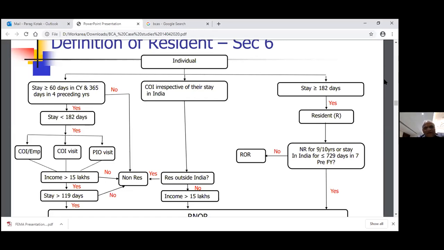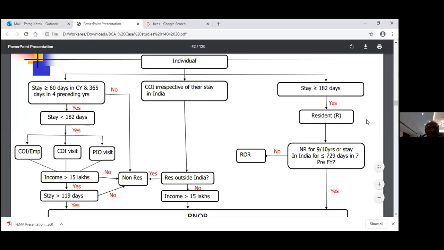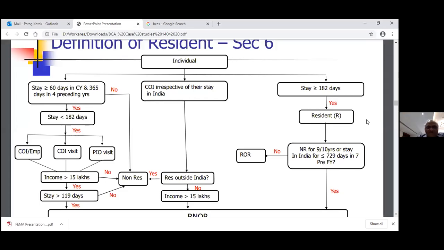Can we then argue that since the definitions, particularly explanation B and explanation 1A, talk about residential status purely based on the income exceeding 15 lakhs, and therefore both portions, that is, explanation B later part of income exceeding 15 lakhs and stay between 120 and 182 days, and 6(1A), are purely based on income?